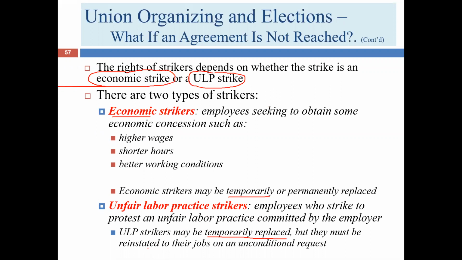The employer, whether it's an economic strike or a ULP strike, the employer can hire Mary to replace Bob while Bob is picketing. That's clear. But let's say Bob is just picketing for higher wages. Once the strike is over and Bob wants to return to work, the employer isn't required to let Bob return to work if the employer has replaced Bob with Mary.